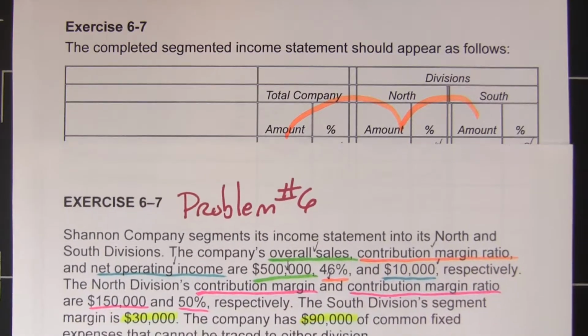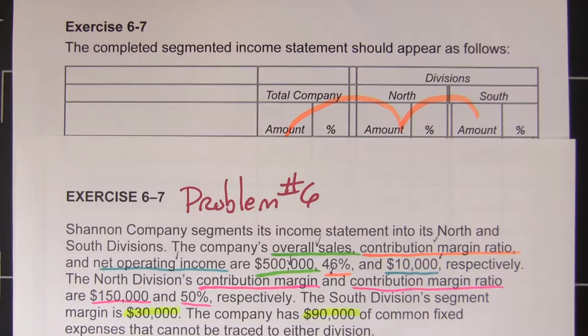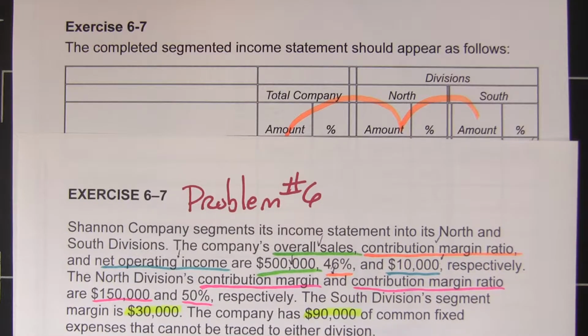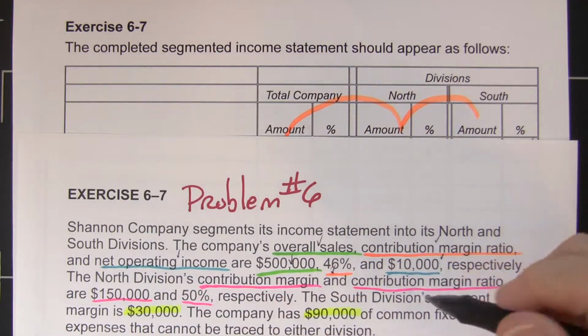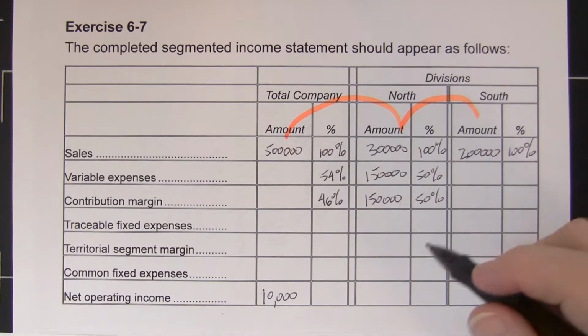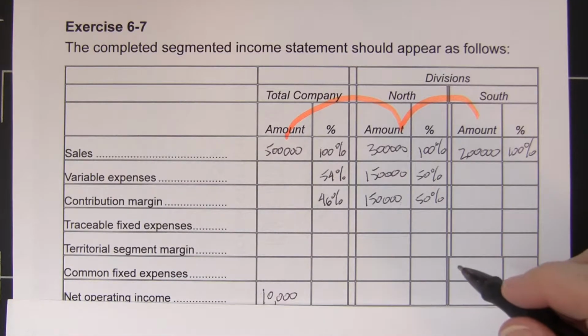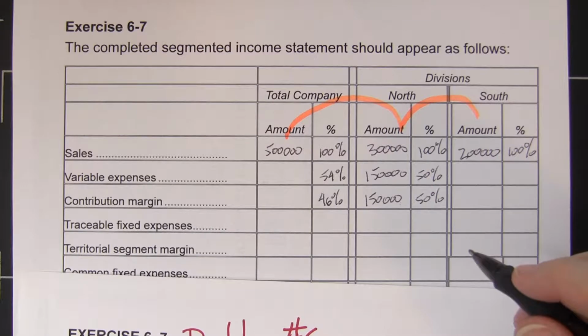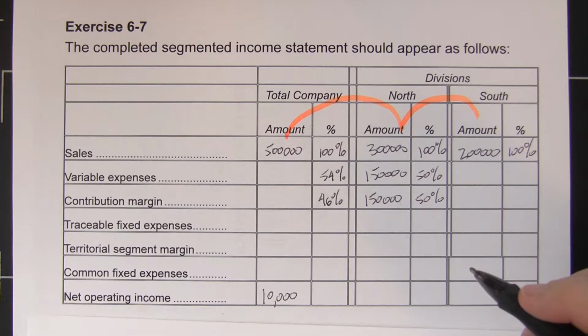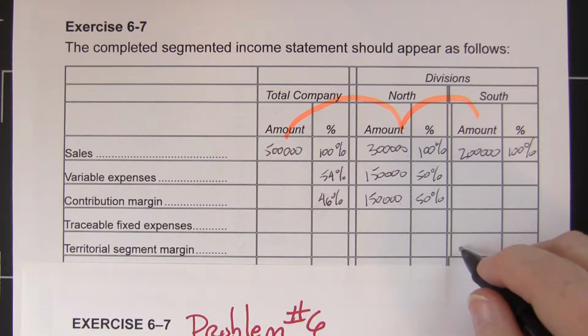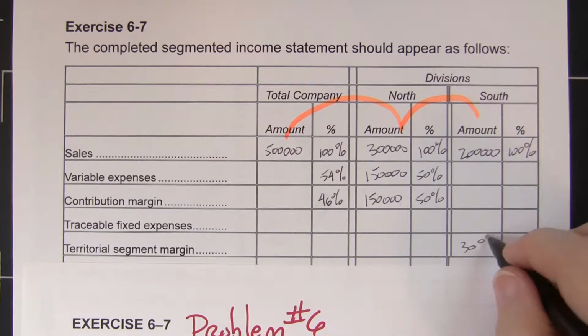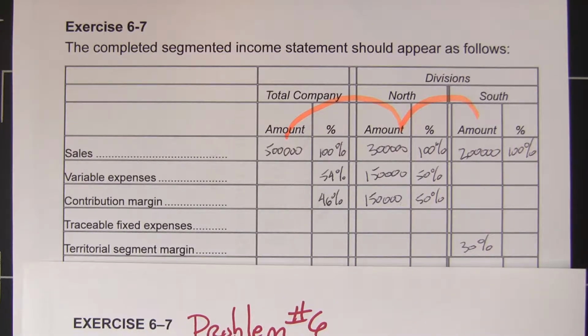The South Division's segment margin is $30,000. So when we come all the way down here, the territorial segment margin is $30,000.